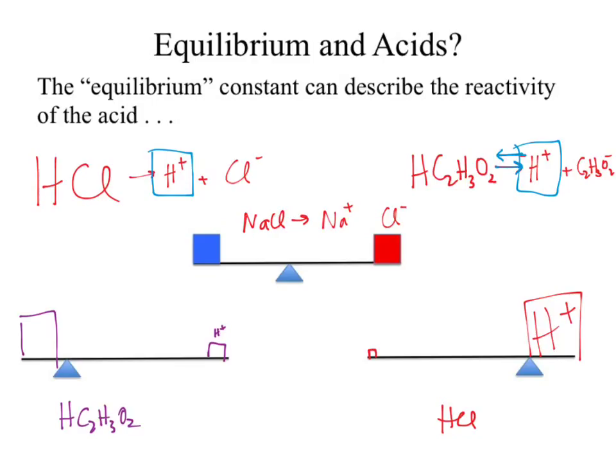We, of course, need to go through and name them. Hydrochloric acid we will reference as being a strong acid. And as it being a strong acid, it generates lots of H+. Acetic acid is a weak acid, and so it generates very small amounts of H+.